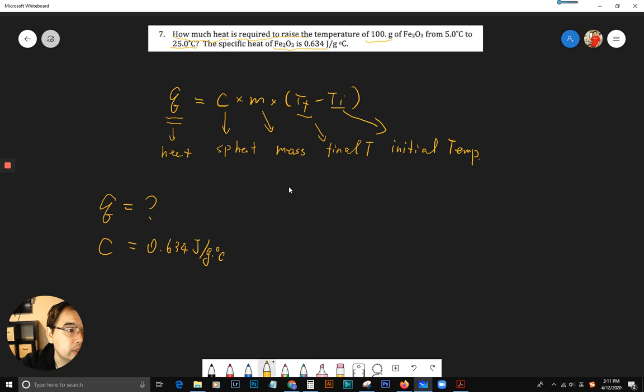Do we have the mass of the iron oxide? We do, which is 100 gram. And do we have the final temperature? I think we do, which is 25 Celsius. You see, the temperature goes from 5 to 25. So the 25 Celsius is the final temperature. The initial temperature is 5 Celsius.